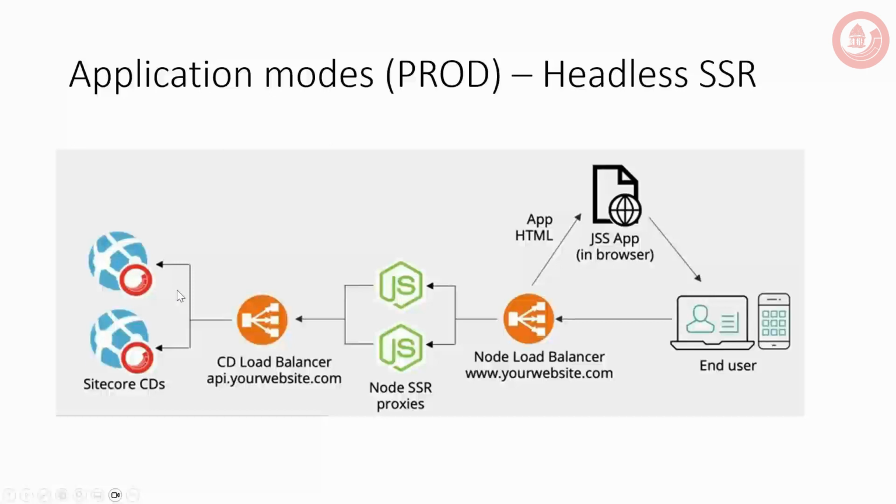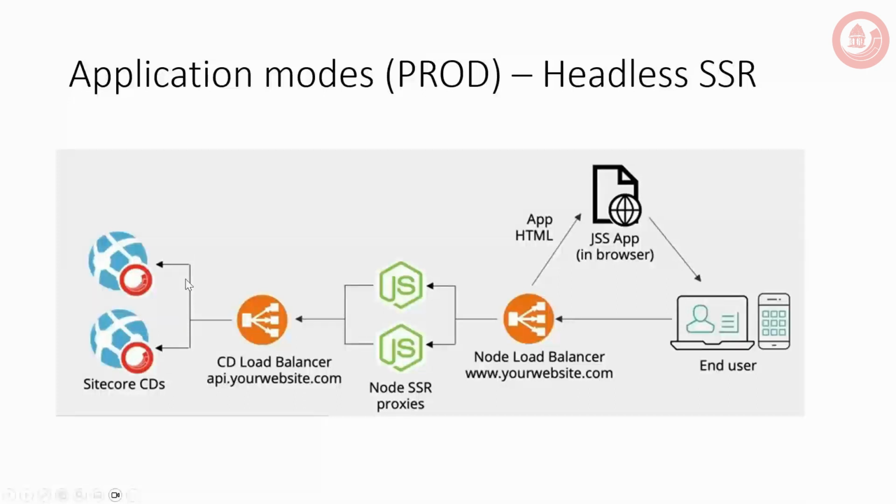But here in the JSS world, you have JS node apps, proxy apps. This is called a headless server-side rendering proxy. Your request will go to the node load balancer first, and the node load balancer will pick one of the node services. It consumes the layout service from the CD server, executes it, and gives the HTML back to the browser.